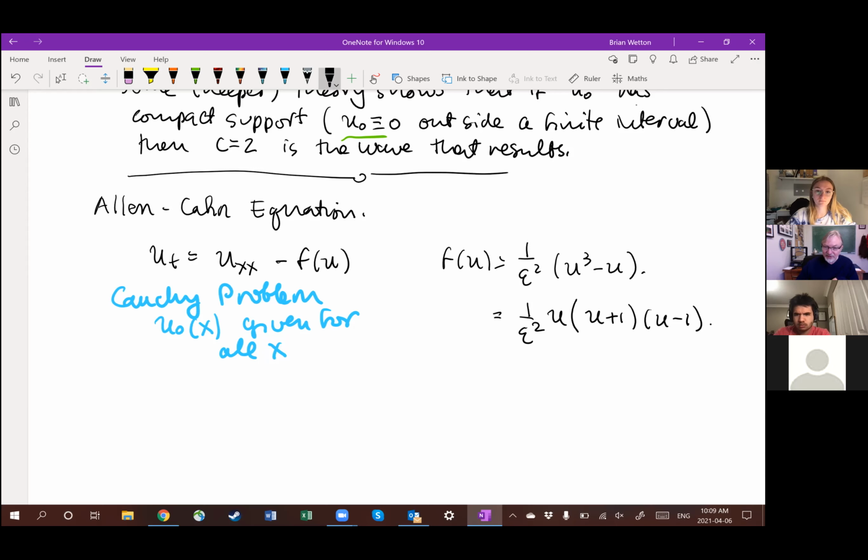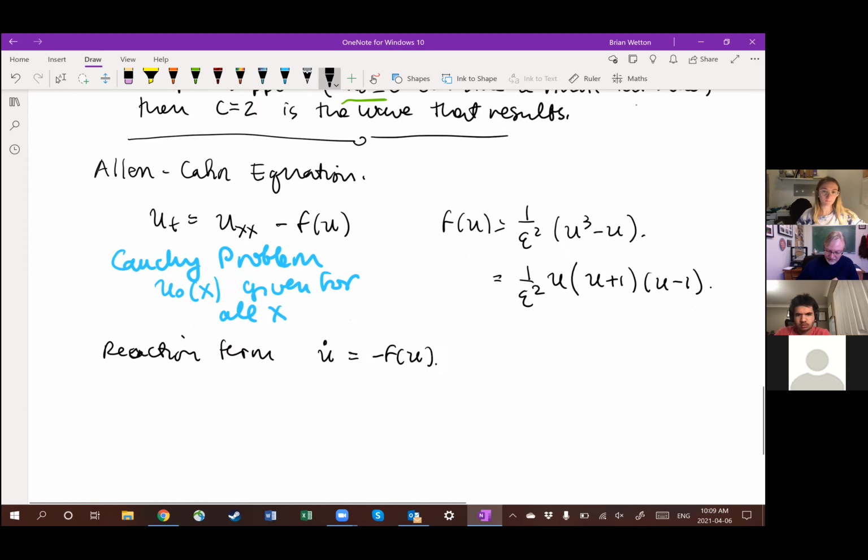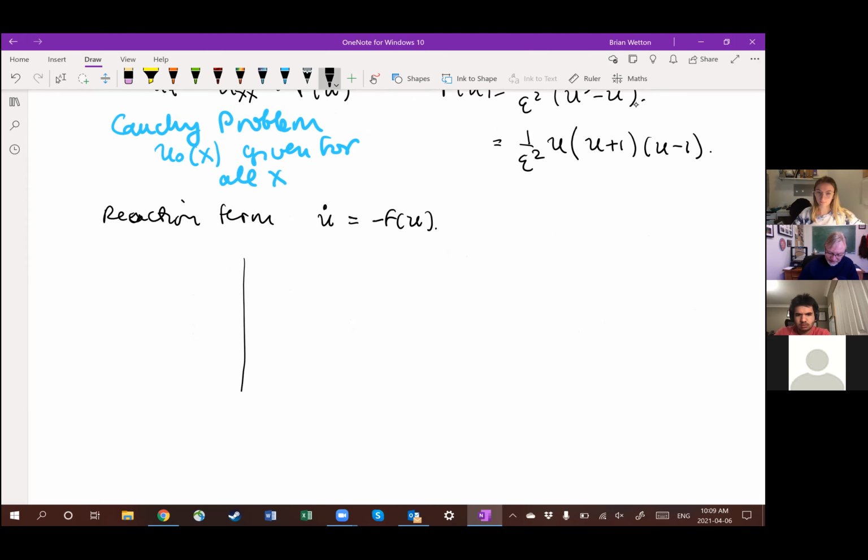So just like we did for Fisher's equation, let's forget diffusion for a minute and just look at the reaction term. If I had u dot is minus f of u, we've got this number line with arrows on it.